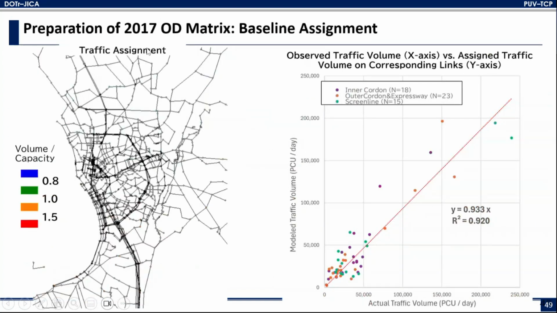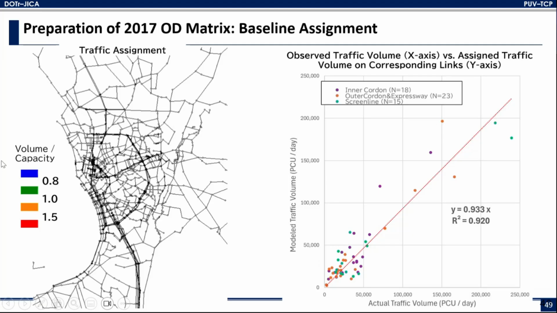Then we prepared the 2017 baseline assignment traffic network, including the maximum speed, designed speed, and capacity. And this ROW is provided for motorcycle, car, jeepney, tricycle, and bus. And the travel cost, including the toll fee and the public transport fare, is included in the traffic network.